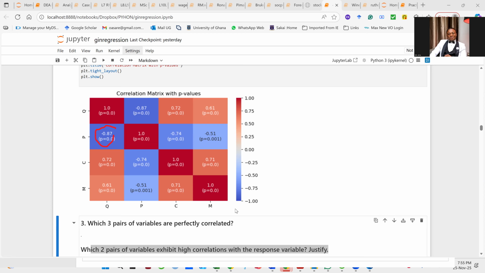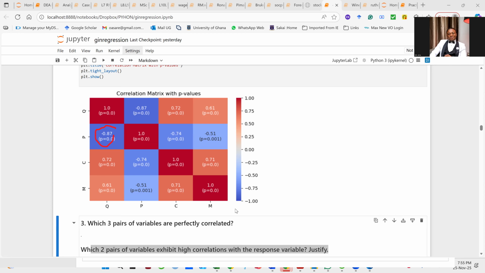So multicollinearity exists when two independent variables, not two dependent, not one dependent, one independent, no, two independent variables are highly correlated.